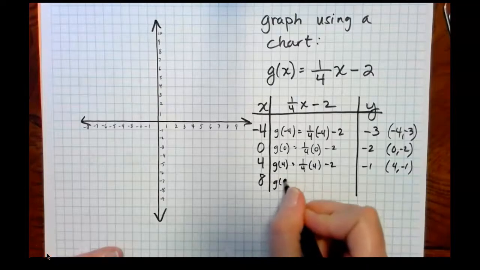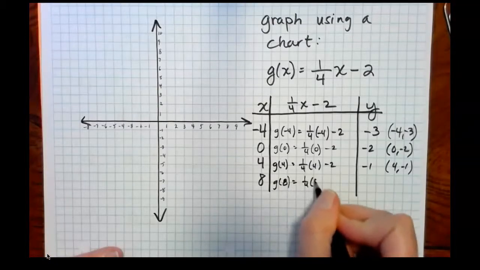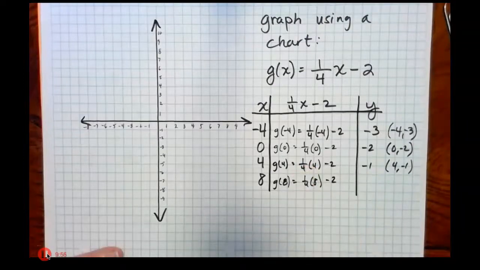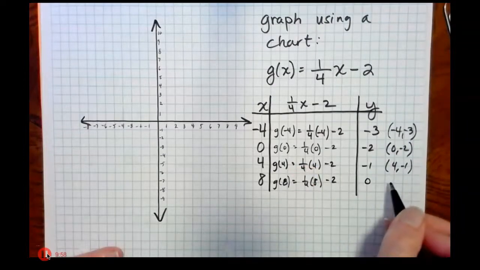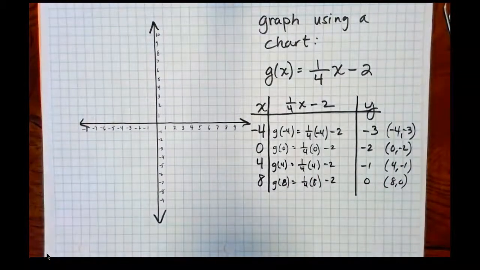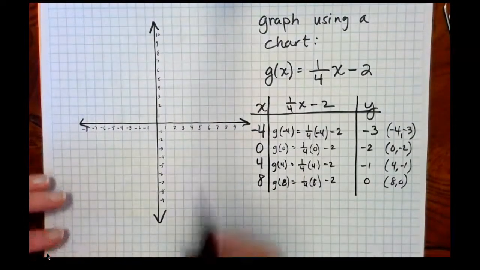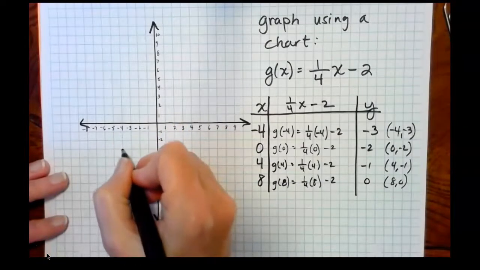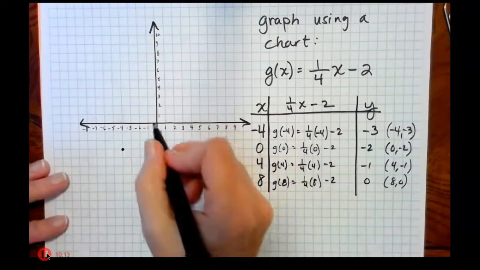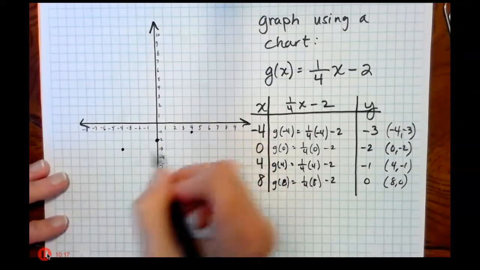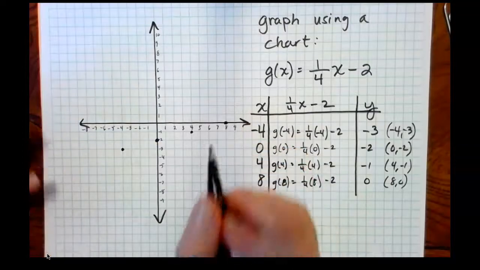Finally, the 8. g of 8. That's 1/4 of 8 minus 2. 1/4 of 8 is 2, and 2 minus 2 is 0. So 8, 0. So there's 4 points that is going to help us graph this linear function. So back to -4, down to -3, and then over 0 down 2, over 4 down 1, over 8 up 0.